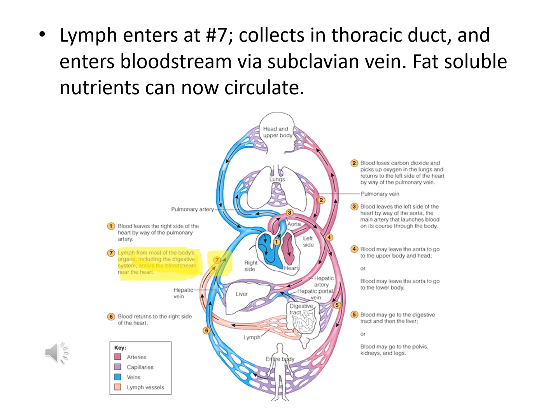Much of the lymph is going to collect in the area known as the thoracic duct, which is behind the heart. The thoracic duct then opens into the subclavian vein where the lymphatic fluid can then enter into the bloodstream, once again depositing those fat-soluble nutrients which can then travel to the cells and the tissues.